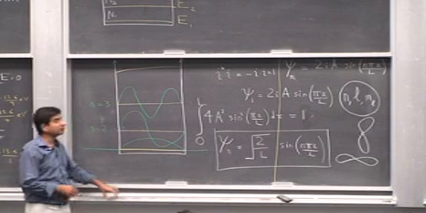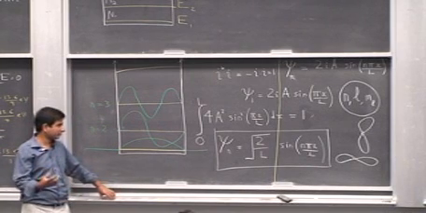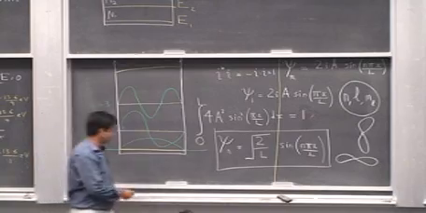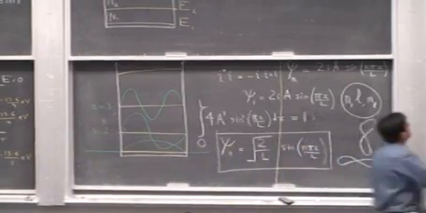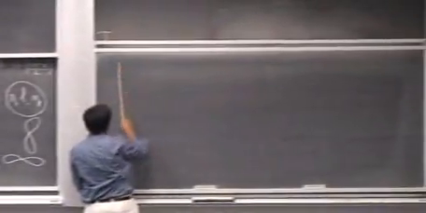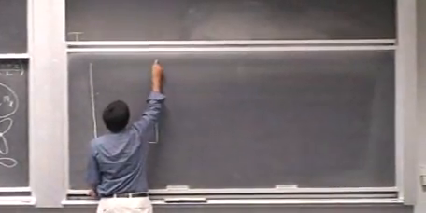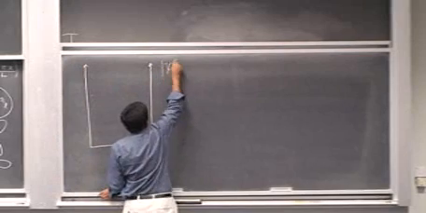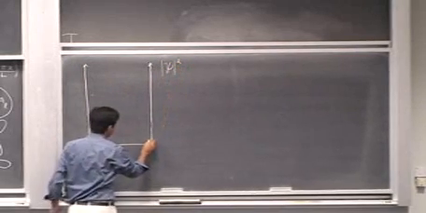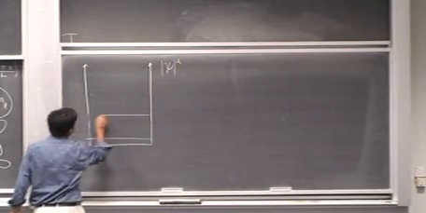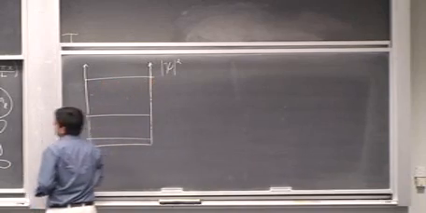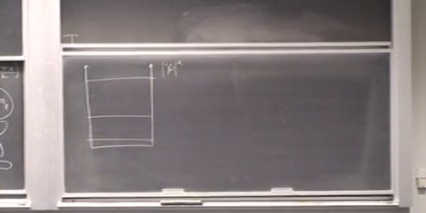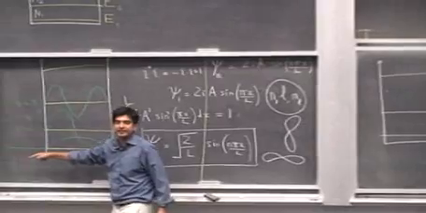And if you were to talk about the probability distribution of the electron, I can draw another diagram for the probability density. If I take the modulus squared of this wave function, I will get the probability density.